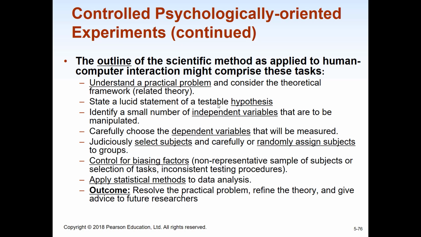State a clear statement of a testable hypothesis. So this is our hypothesis, that the error rates change by time between early morning and late afternoon, and then we will see whether this is true or not. We will test this hypothesis.